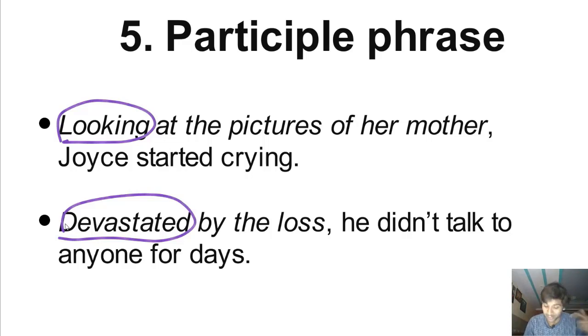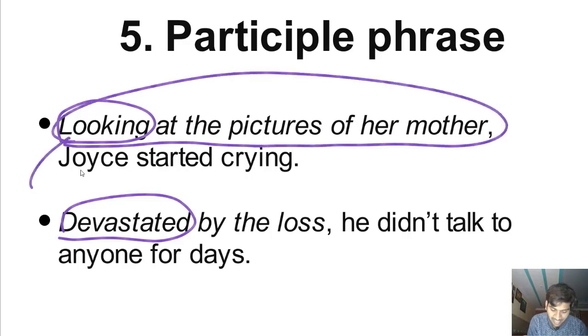Let's look at example number 1. Looking at the pictures of her mother, Joy started crying. We have already seen this example. So looking at the pictures of her mother is a present participle phrase identifying the noun Joy. But Joy is already a proper name, all right? And it's giving additional information. That's why it is offset using a comma, right?